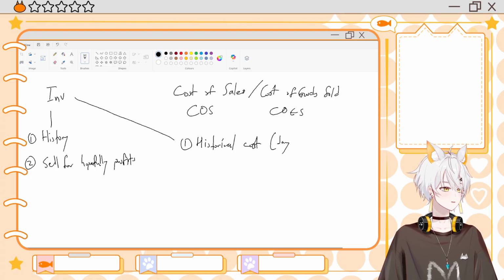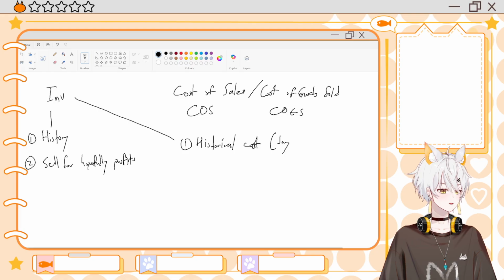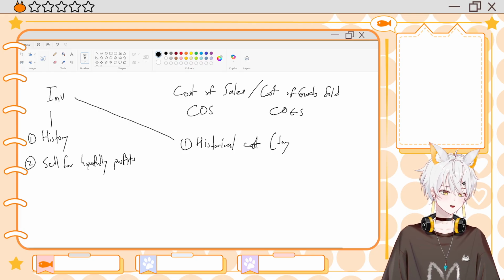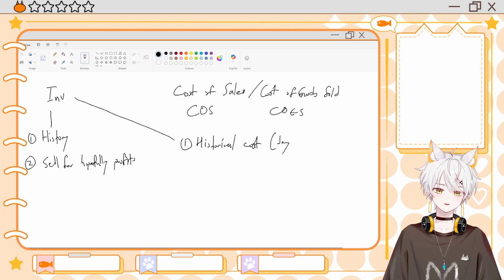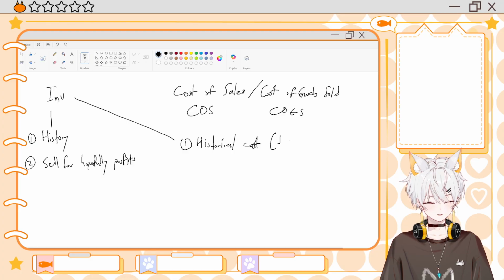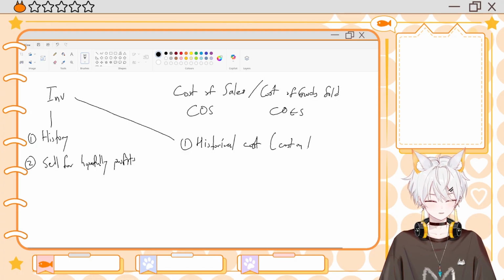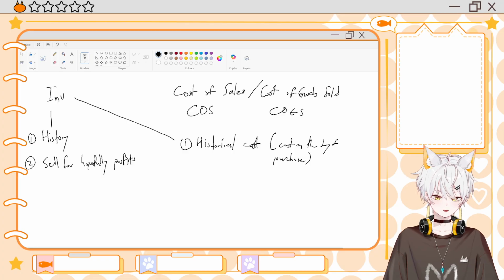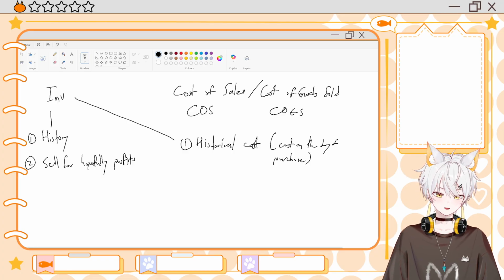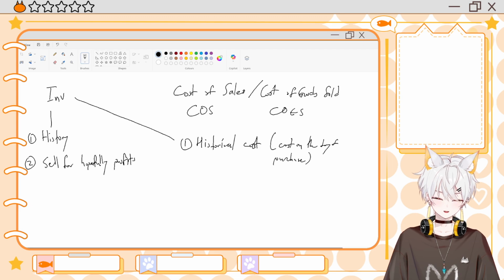I believe you can adjust certain parts of it, but that's the specifics. So in the most basic terms, it's the cost on the day of purchase, the cost that you bought the inventory at, regardless of what the value turns into.